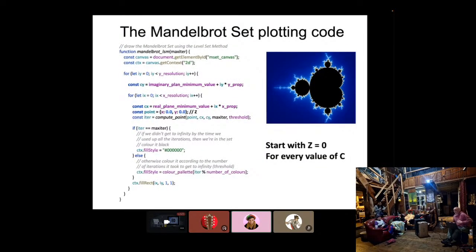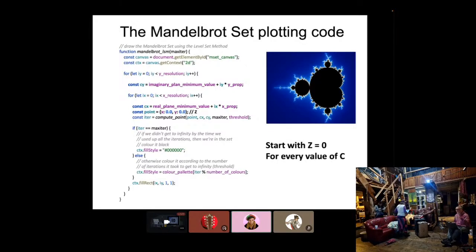So the plotting code for doing this is, remember the Mandelbrot set that we've got here, we start with Z set to 0, and we take every single value of C and we plot it on here. If you look at this algorithm, it would really help if I put line numbers on, but you can probably see that I sort of bolded a couple of things.